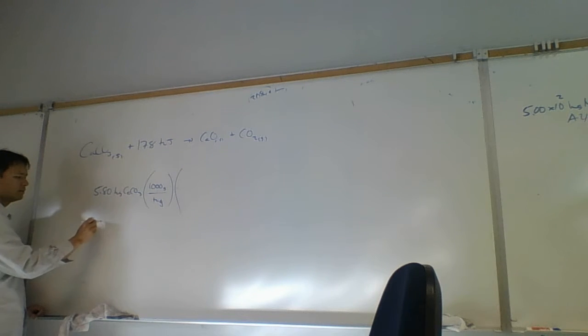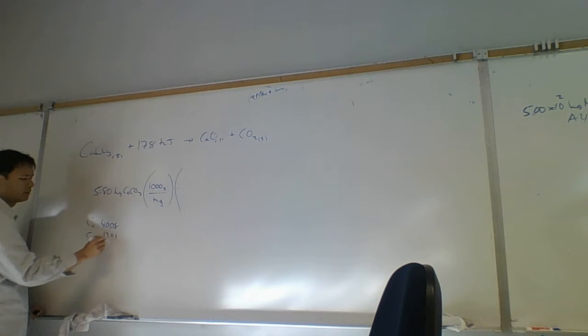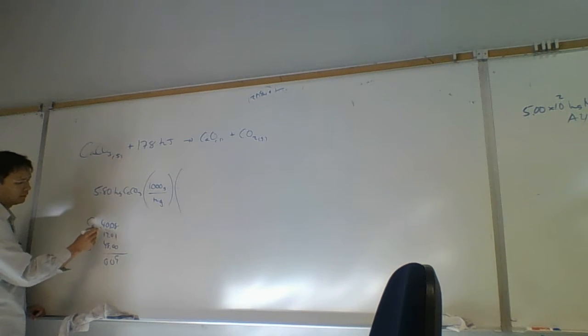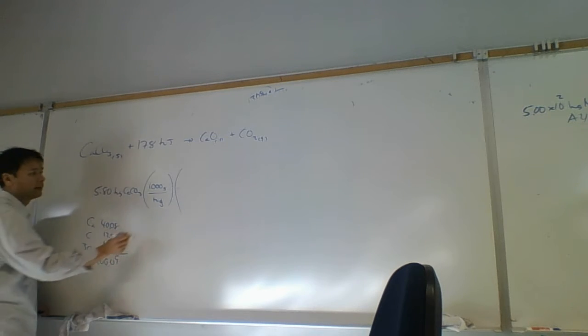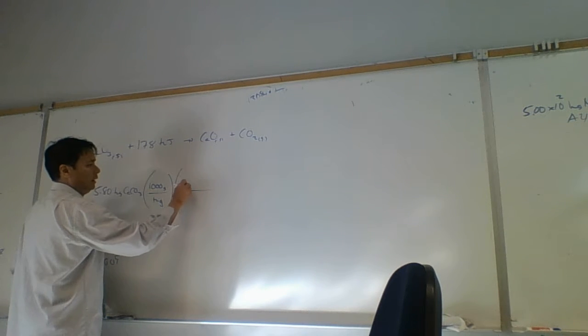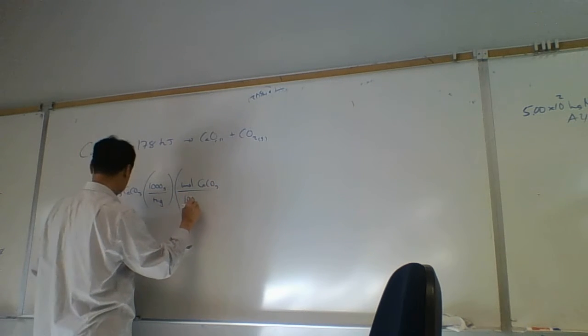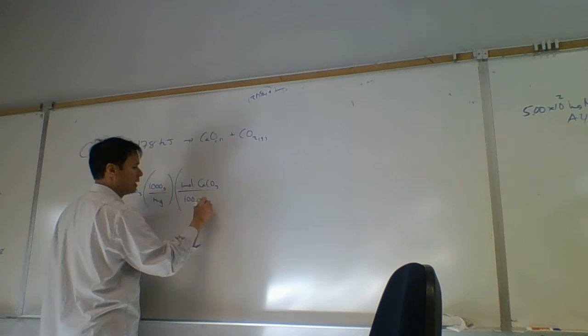And so calcium is 40.08, carbon is 12.01, 3 oxygens will be 48.00. It's 100.09. And so each mole of calcium carbonate weighs 100.09 grams.